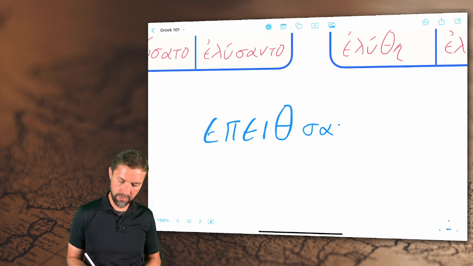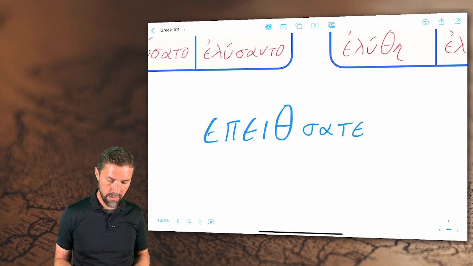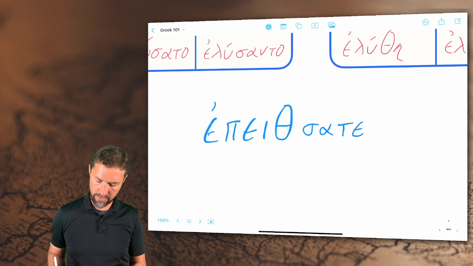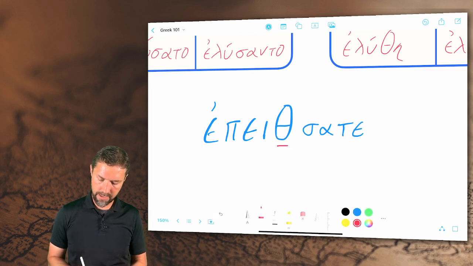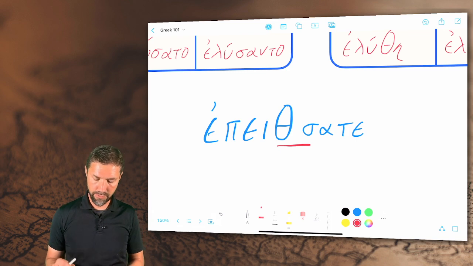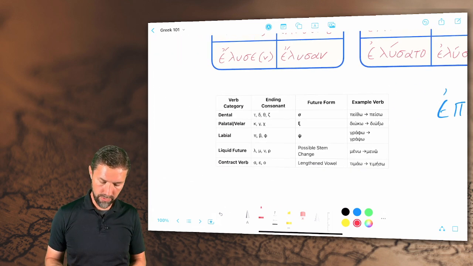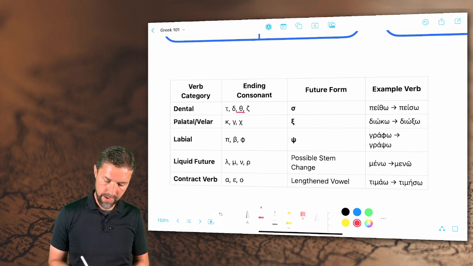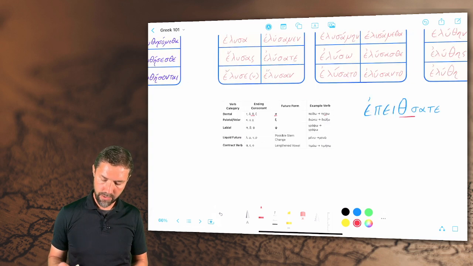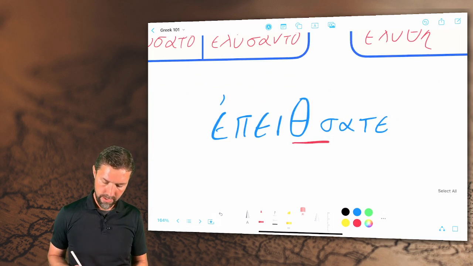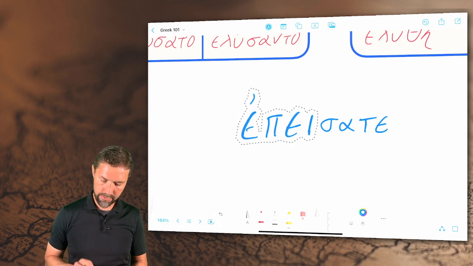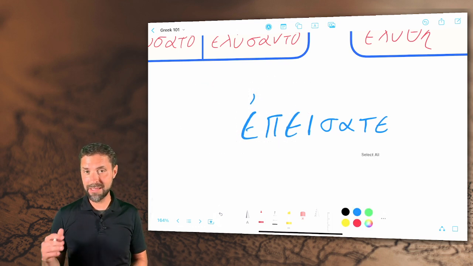Okay, I'll go with second person plural. And in this case, I've got that odd situation now of a theta and a sigma together. How do those fit? Well, we learned earlier when we looked at these that theta plus sigma is just going to go to sigma. Okay, and so what I would get in this case is I just essentially take out the theta. And I would end up with a structure like that, epesate.